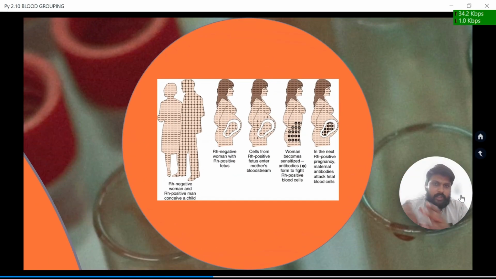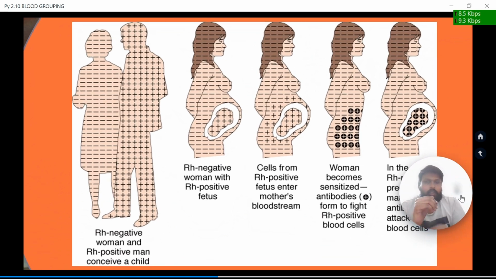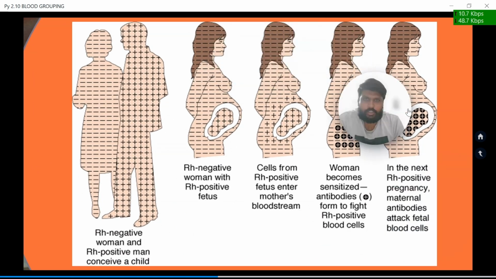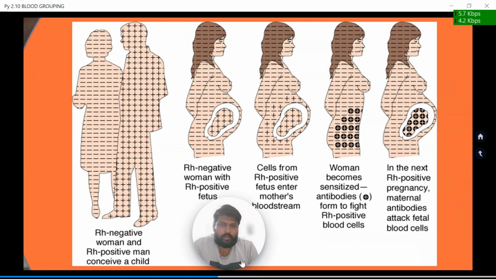Why this basically happens is, when we have an Rh negative mother and an Rh positive father, there is a chance that he will transmit the positive trait through chromosome 1. When the first baby is developing, there is going to be no problem because we have a placental barrier.